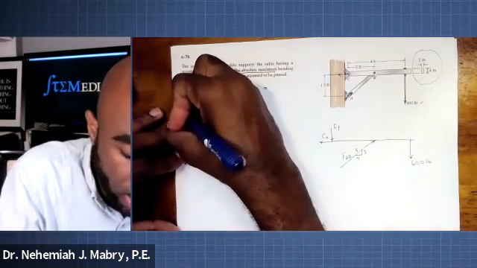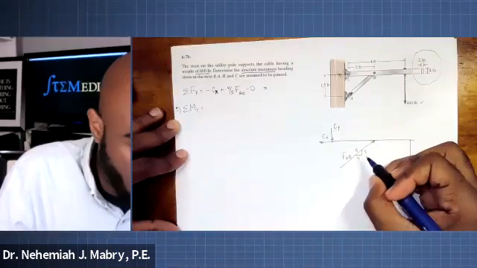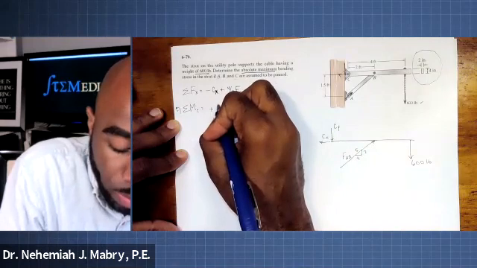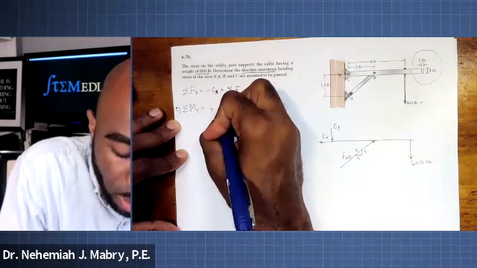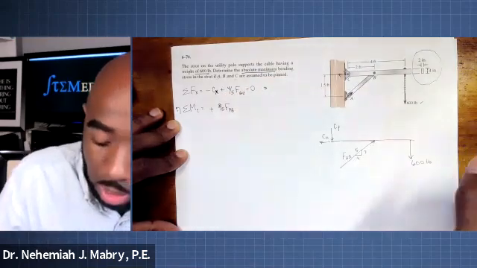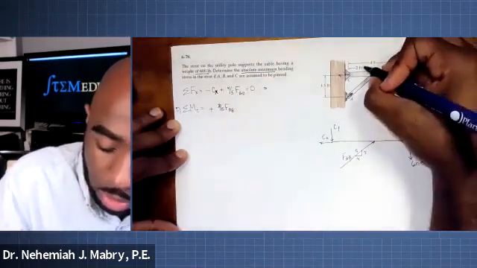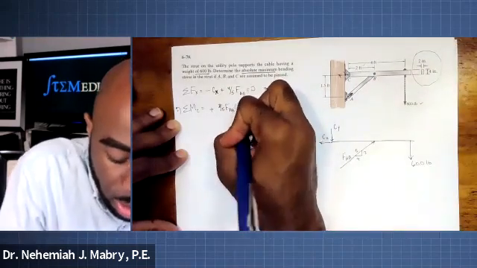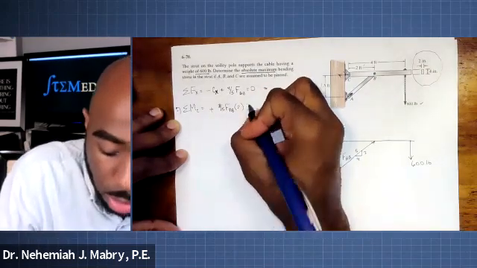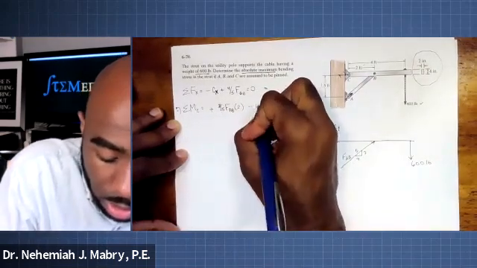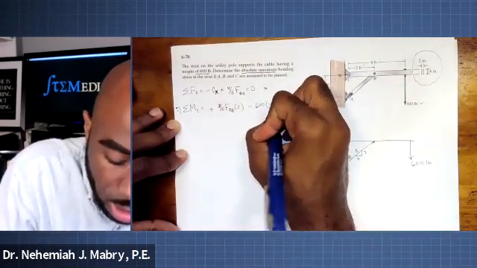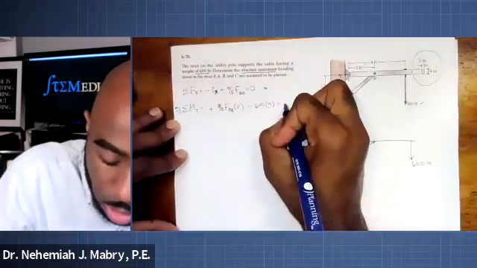If this is the positive, a positive moment is going to be caused by 3 over 5 FAB, the vertical component, times the distance. What distance? It shows us that it's 2 feet, so let's say 2 here. Then we have a negative moment created by the 600 pounds, so negative 600 force times distance. The entire distance is 4. Any other moments? I don't think so.